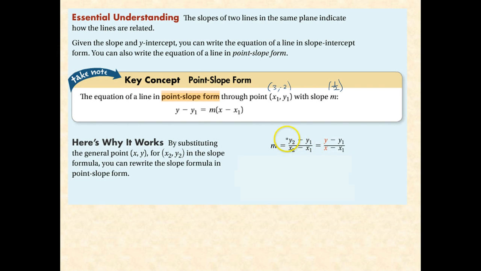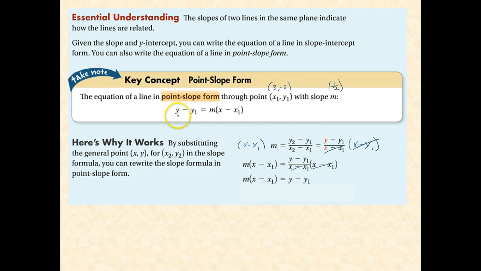Well, if you substitute, instead of saying I know the y value and x value of my second point, we just call that the general point, any point on the line x, y, then if we multiply both sides of this equation by x minus x1, they would cancel here. And then we get y minus y1 equals m times x minus x1.